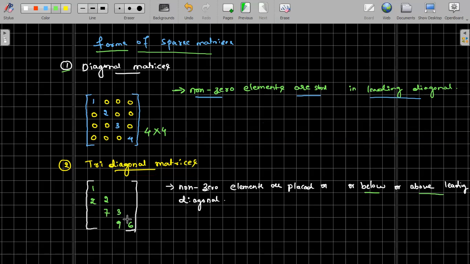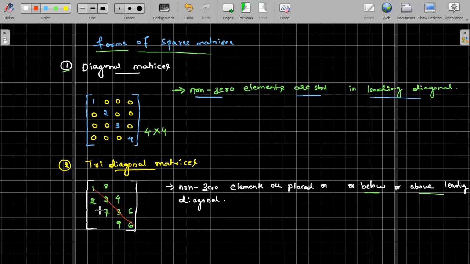Below the diagonal, again here we write some elements, whatever you want, like 8, 4, 6. You can see this is actually a diagonal.